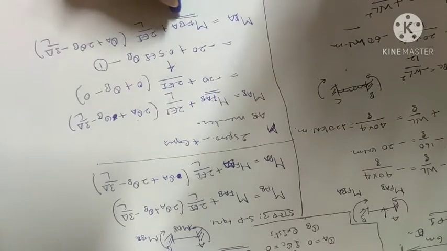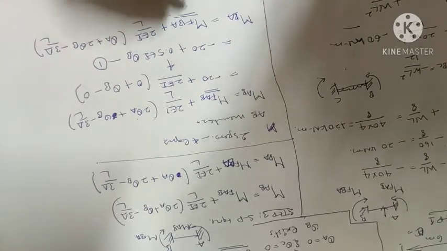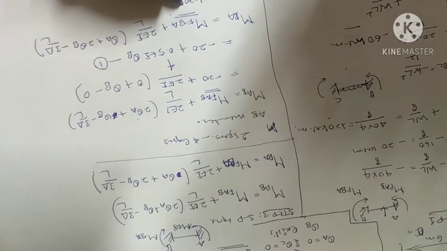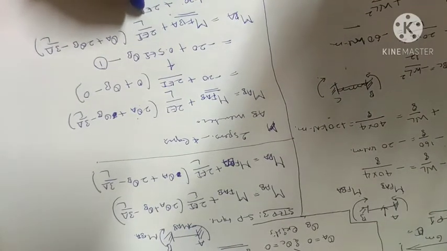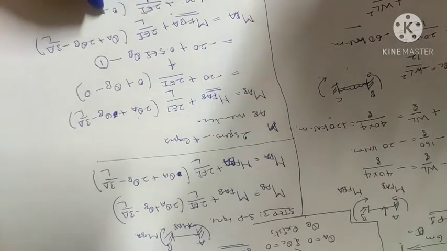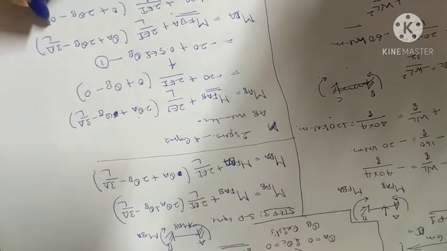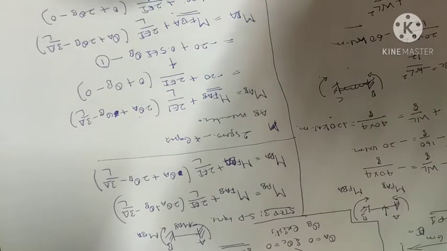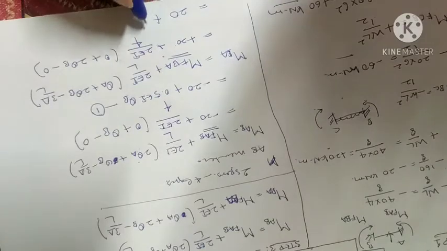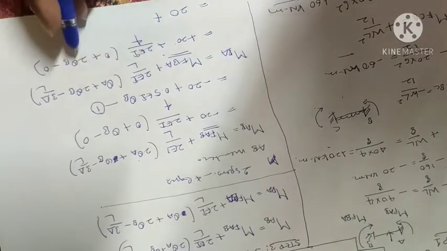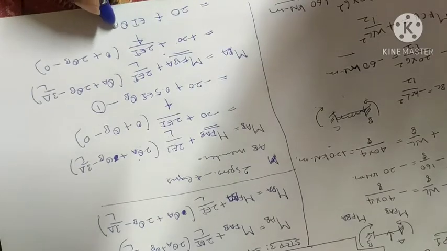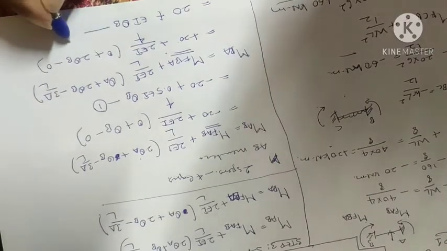MFBA is plus 20. Plus 2EI by length, again 4 meters, same member. Theta A is 0, plus 2 theta B, minus 0. So the equation is 20 plus 2 ones are 2, 2 twos are 4, 4 divided by 4 is 1, that is EI theta B. This is equation 2.